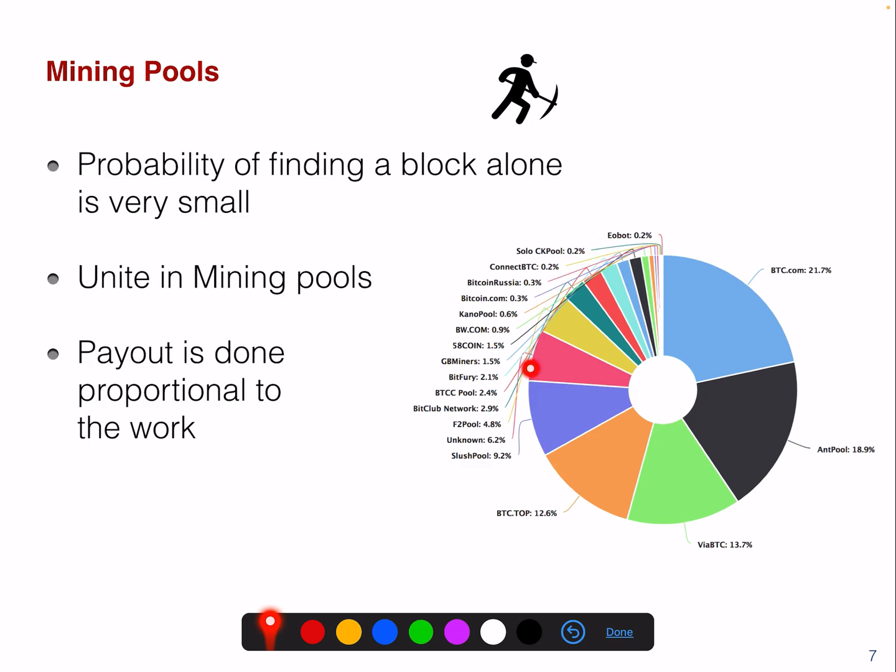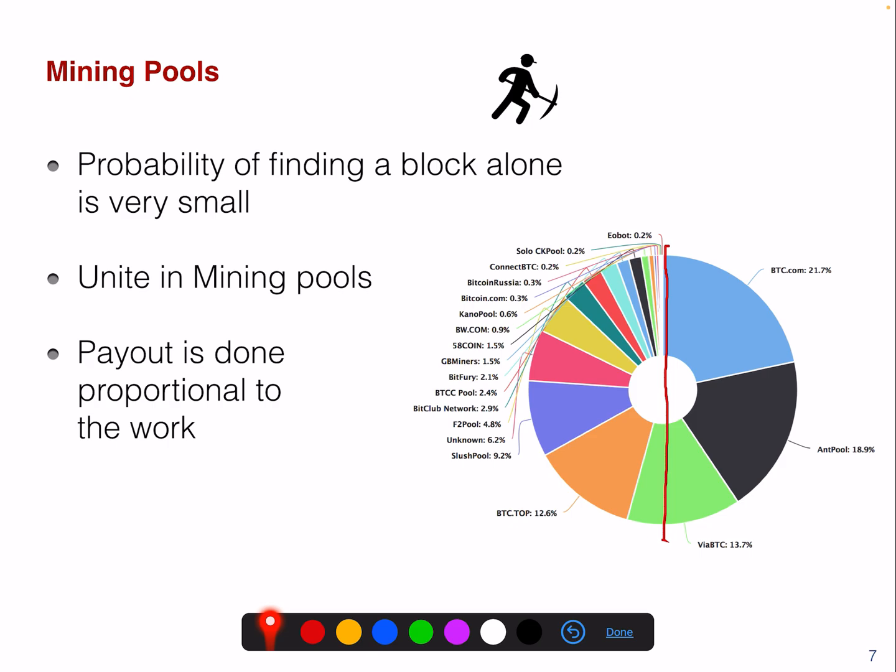So you can see here, this is a mining pool distribution. It's a typical distribution for Bitcoin, where normally the top 3 mining pools together actually occupy more than 50%, right? Which is dangerous from a security perspective if they would collude. But this is kind of the distribution that we have seen over the last years.